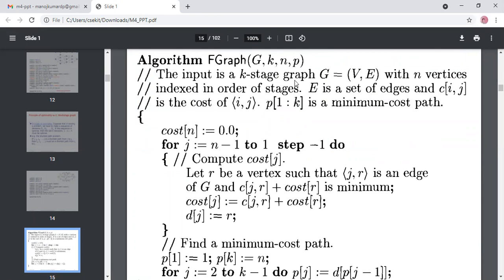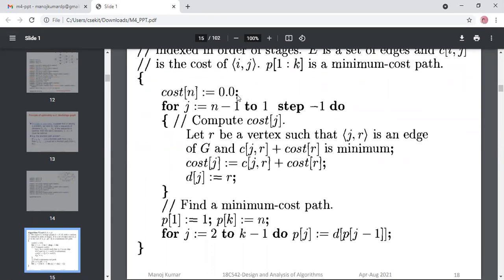The input is a k-stage graph G = (V, E) with n vertices indexed in order of stages. E is the set of edges and C of ij is the cost of edge ij. So this is the algorithm to find the graph representation. Cost of n is equal to 0.